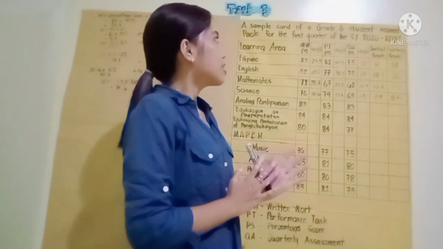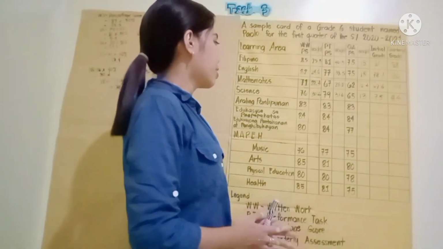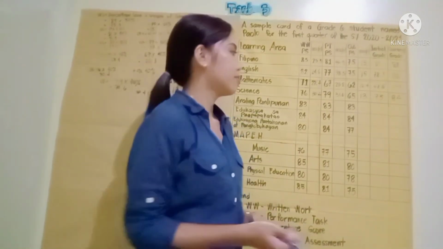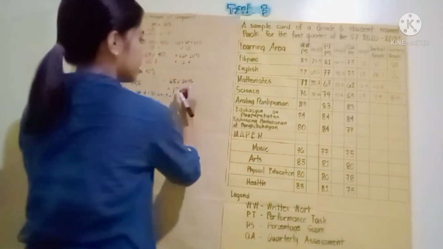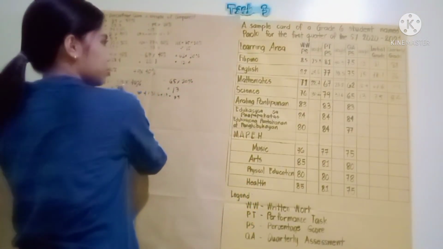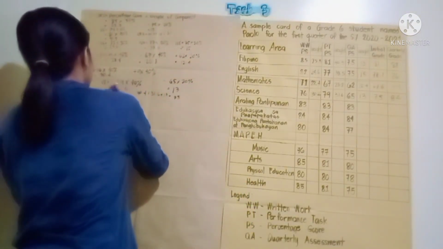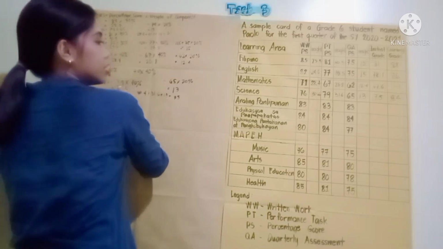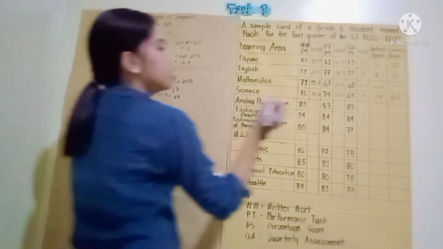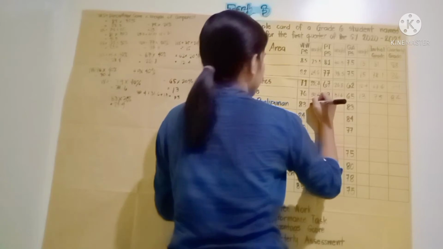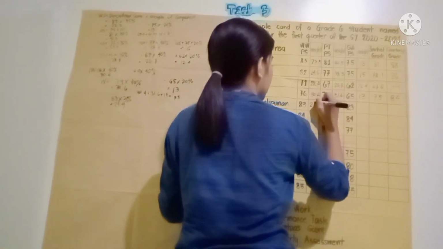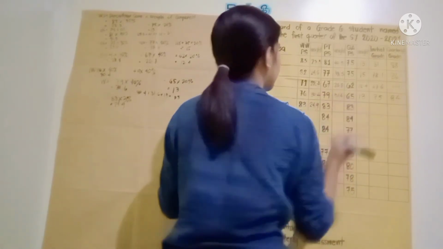Next is getting the weighted score for the subject Araling Panlipunan. For the written works, the weighted score is 24.9.